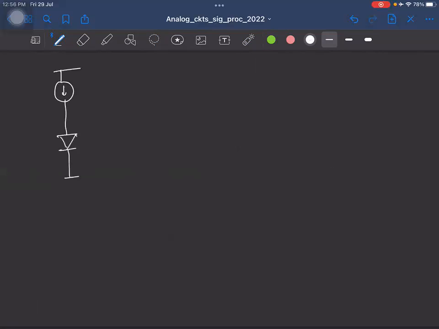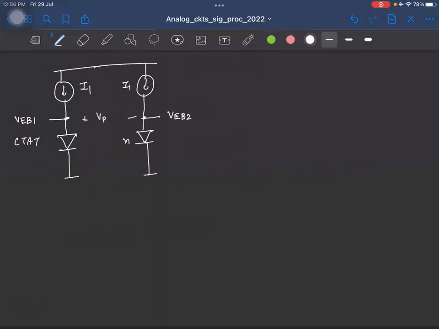We took a current, passed it through a forward bias diode, and we generate this voltage, which is a CTAT voltage, and we pass the same current through n identical diodes, and the difference between these two is a PTAT voltage, and we added them with the appropriate scaling factor to get the band gap voltage.